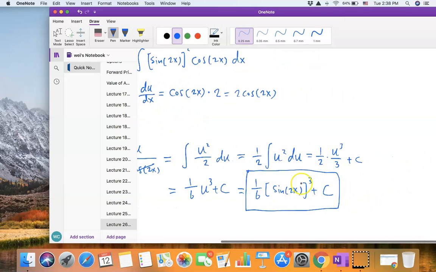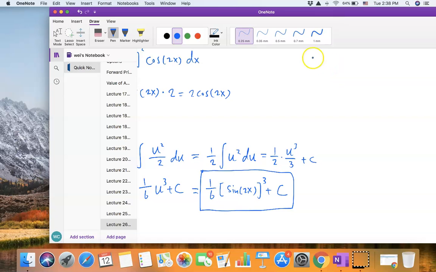We can verify this result. Suppose I have a function capital F of x equal to 1 over 6 times sine of 2x to the third plus c. If I take the derivative of this function, what will I get?